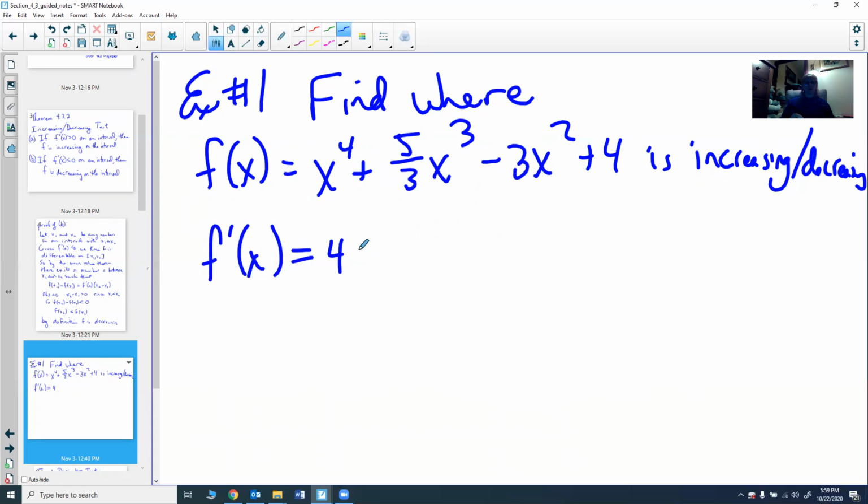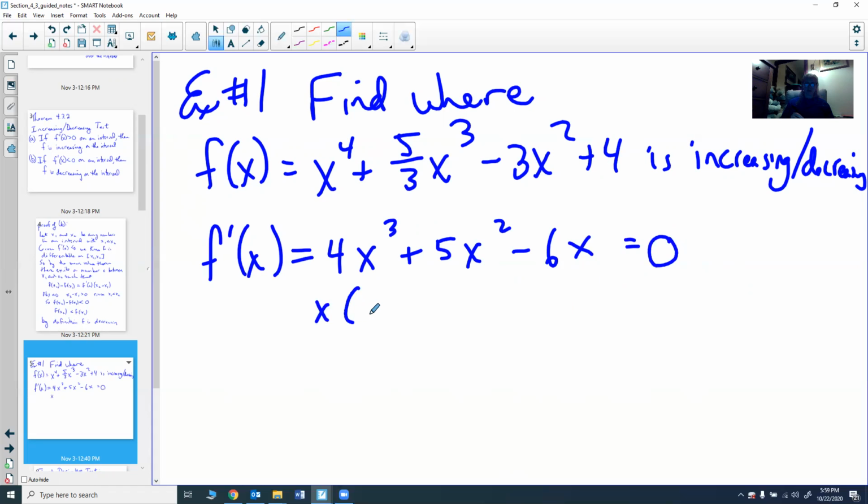This would be 4x cubed plus 5x squared minus 6x. We want to look at the critical points, so we set this equal to 0 and factor it.